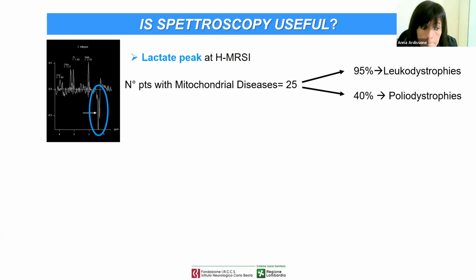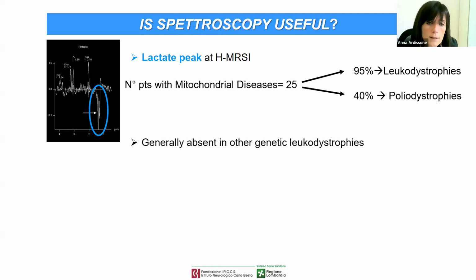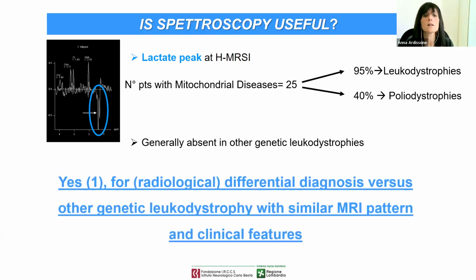So this data suggests the usefulness of spectroscopy in mitochondrial leukodystrophies compared to mitochondrial polydystrophies. The second point is that generally the lactate peak is absent in other genetic leukodystrophies. So the answer to our question is yes, spectroscopy is useful for the radiological differential diagnosis of mitochondrial leukodystrophy versus other genetic leukodystrophies with a similar MRI pattern and clinical features.